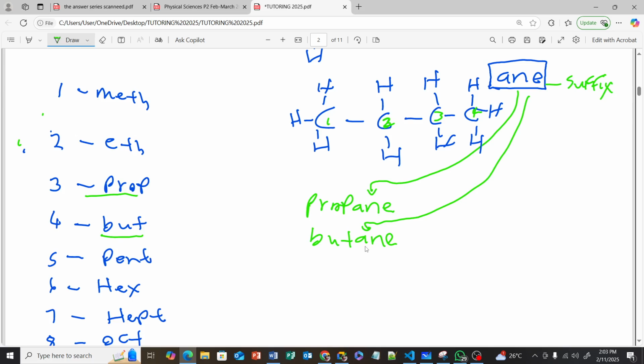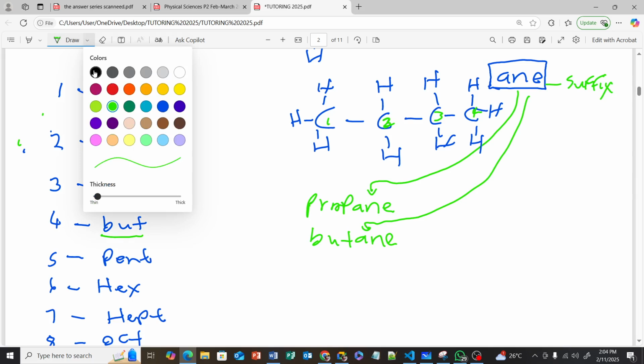We have a formula to check how many atoms are there in the molecule. Okay, we have a formula that we can use to determine how many atoms of each element are there. So let us count now. I'm going to use a different color.